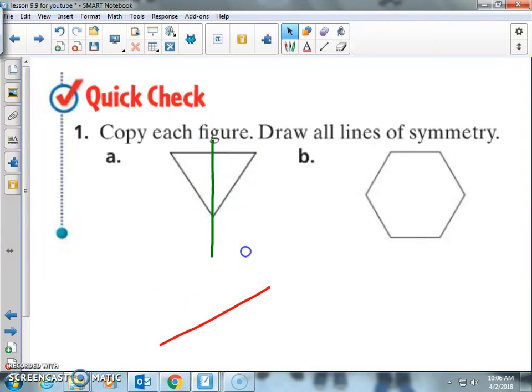If you get out a ruler and measure this triangle, you'll notice that it is isosceles. Two sides are the same, but it's not equilateral. All three sides are not the same. So there's only one line of symmetry, this line I drew in green.